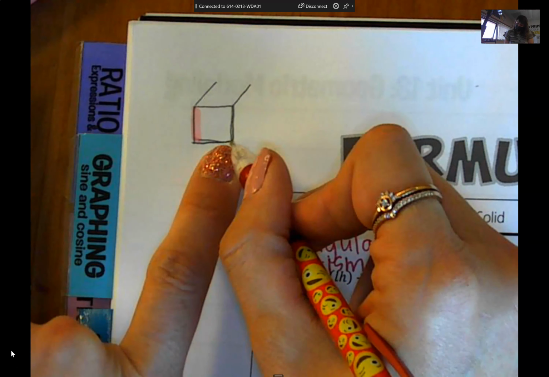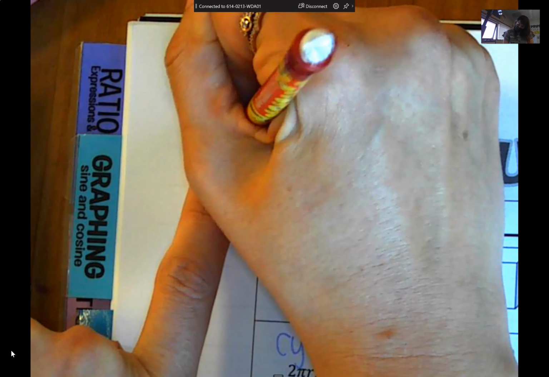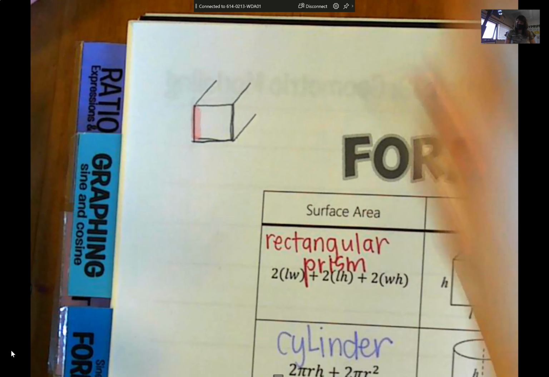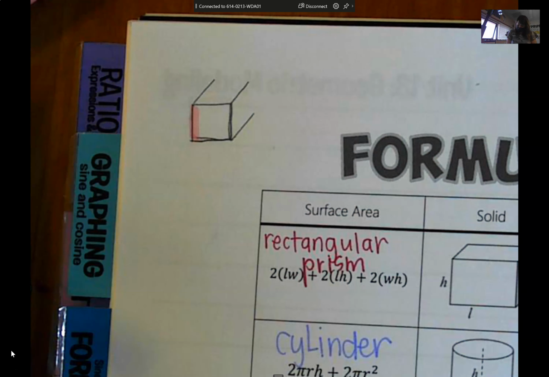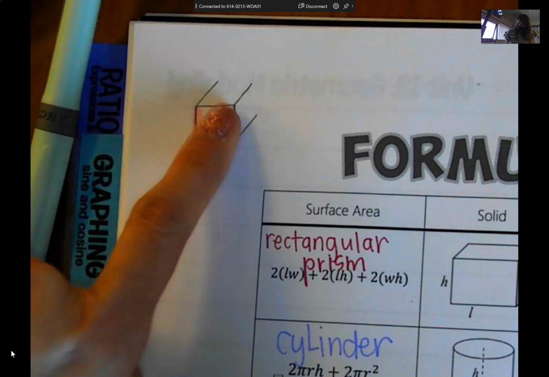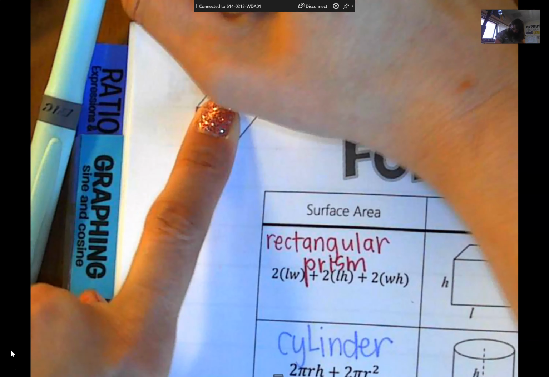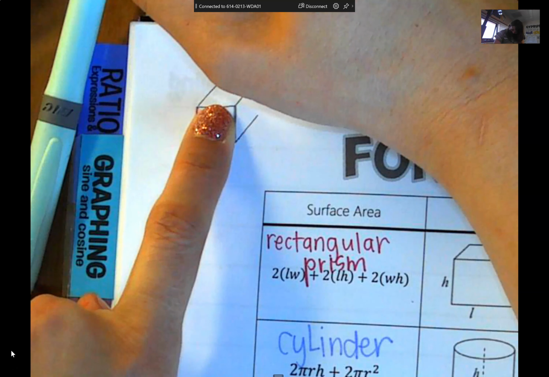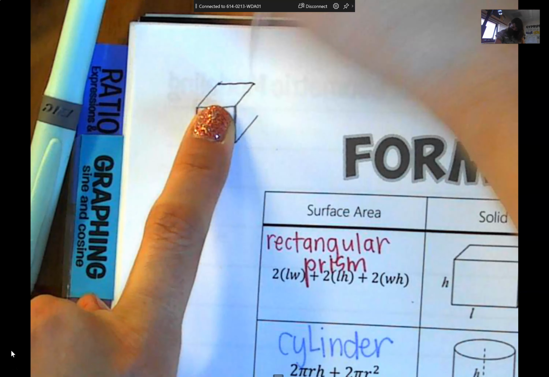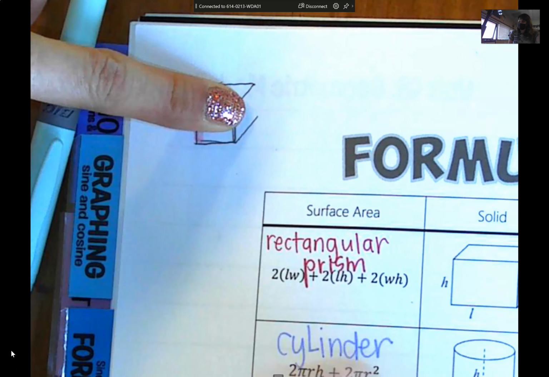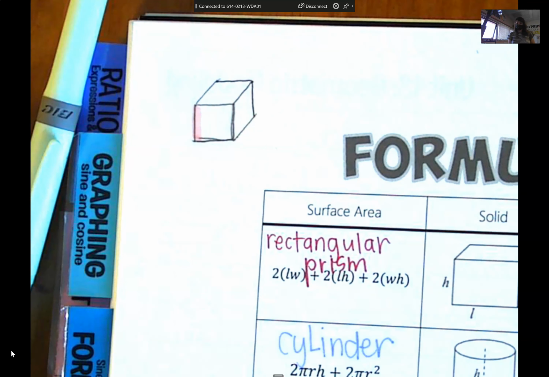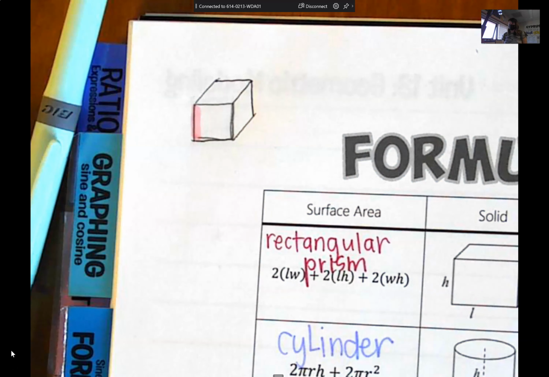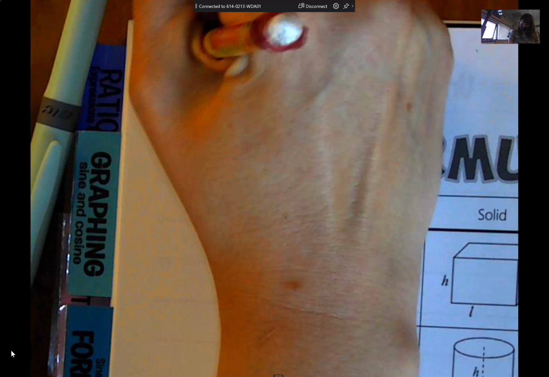Then make a diagonal down here on the bottom left corner, the same length as the pink line. Then all you've got to do is connect these two lines at the top and these two lines on the side. Bam, we're artists. Check that out. This guy is a cube.